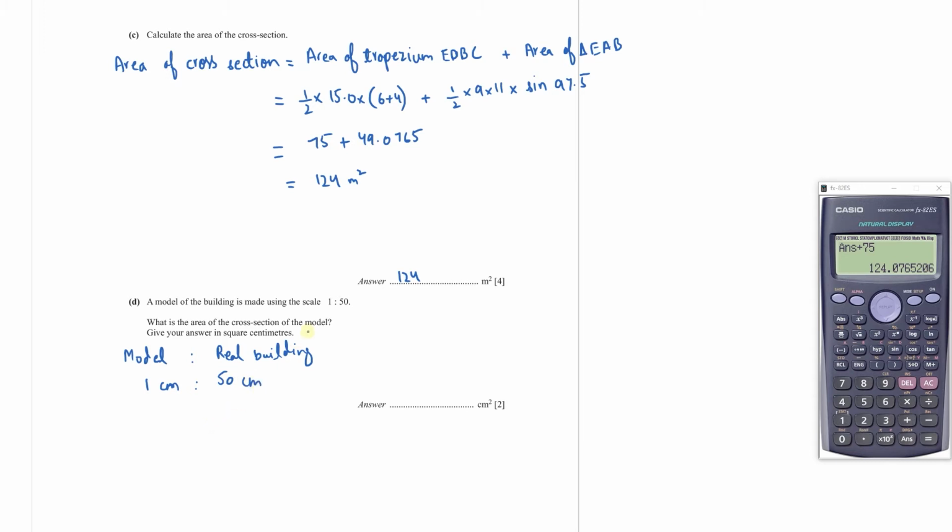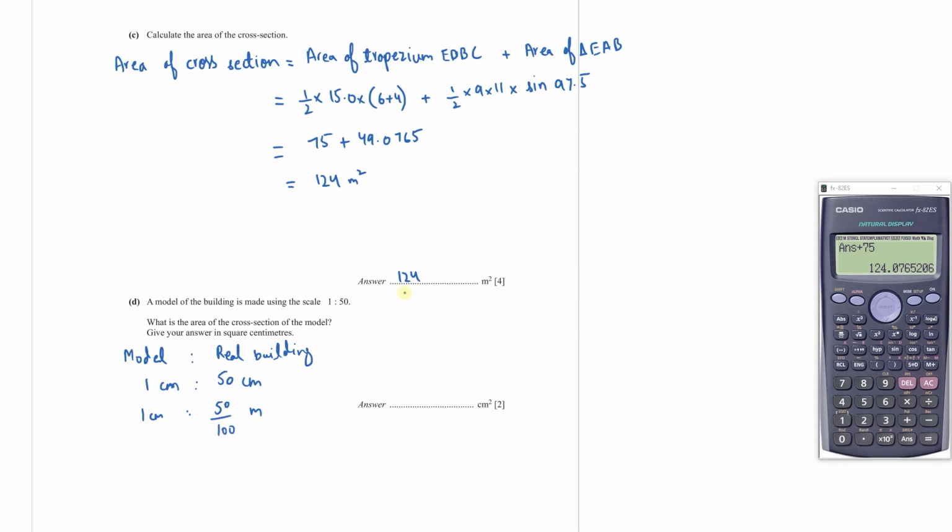So since we are looking at the area here, first I will convert this into meters because the area that I have here is in meters. So if 1 centimeter in the model is 50 centimeters in the real building, then 1 centimeter in the model will be 50 over 100 meters, since 1 meter is 100 centimeters.